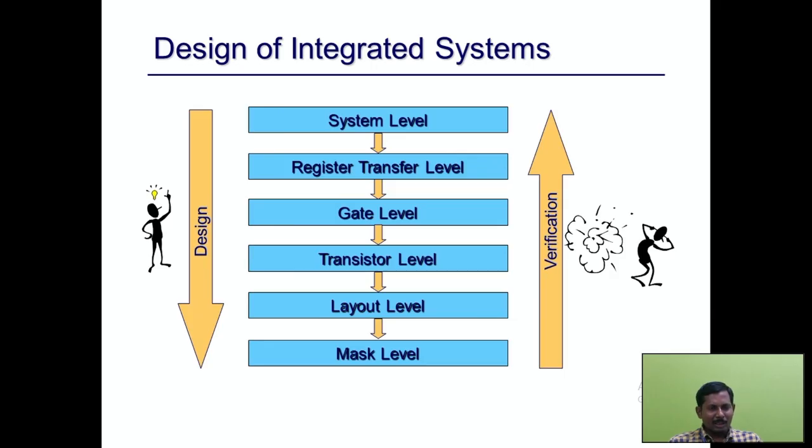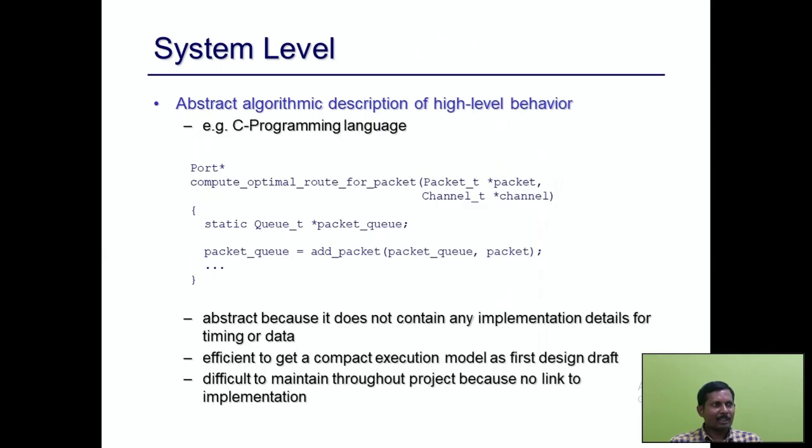So this is the design flow of an integrated system. The first one is system level, the second one is register transfer level, followed by gate level, transistor level, layout level and mask level. In the system level, an abstract algorithm description is given.